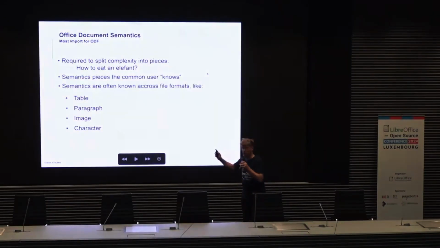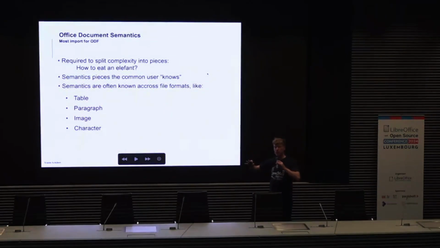Then we need to divide ODF, cut it into pieces, like how we eat an elephant. It's so complex, so huge, but we need to reverse engineer back from the syntax to define the semantic first. Because once a professor from the US says, I'll go away with the XML, I just want an API that says, open the text document, insert a paragraph, insert hello world, and make the fifth character bold.